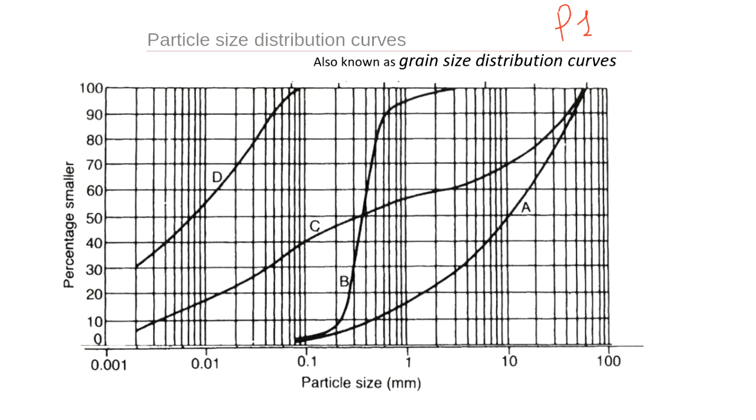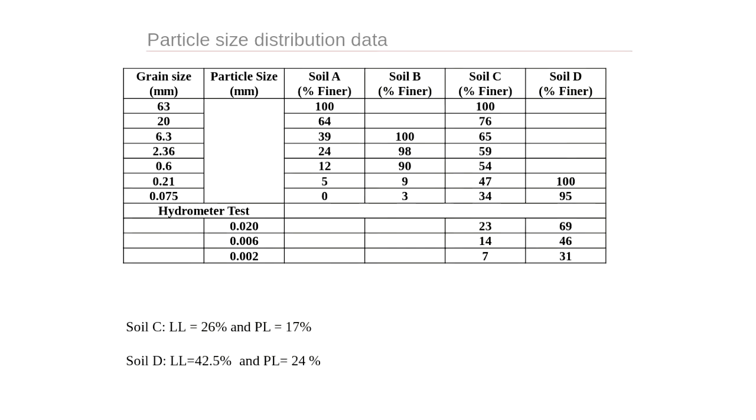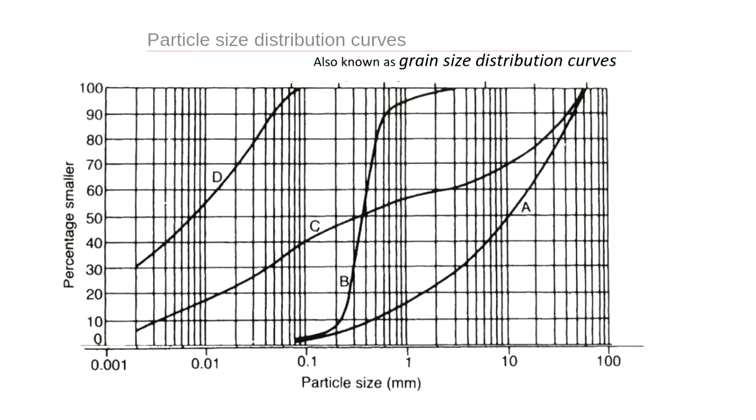I would like you also to practice how to draw curves, because for all geotechnical reports, they present data in a table and they also draw curves. So curves like this one. When you draw it for your project, you can just use Excel. If you want to draw by hand, it's fine.